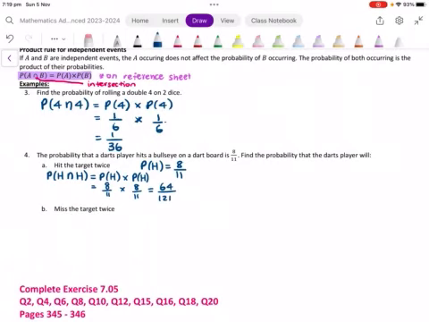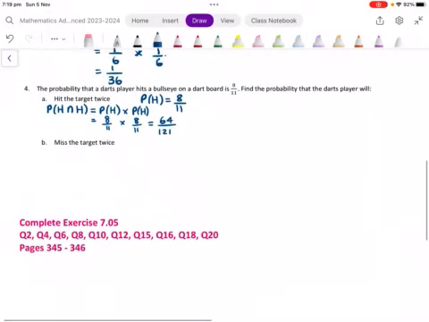Now we have to work out the probability that the darts player will miss the target twice. So we're going to use M for miss. We can write that, let M equal miss. So we'll have the probability of M is equal to 1 minus the probability that it hits, because these are complementary events.